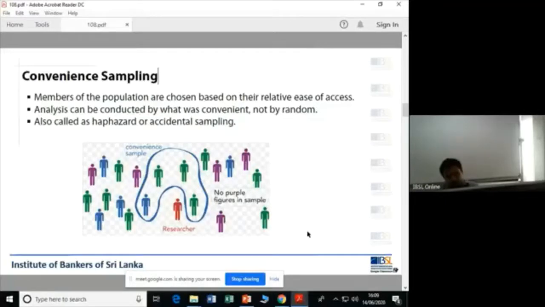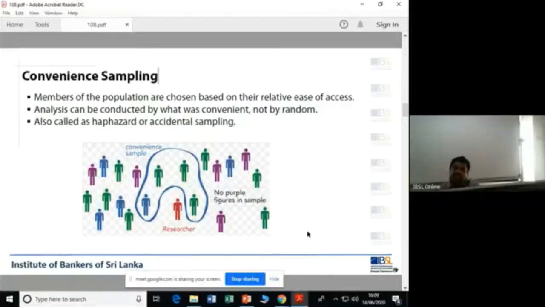Instead, if you select one or two hotspots or concentrated places where the workers of the tea plantations gather, and if you just go there, you would be able to use some of your data collection techniques and talk to these people and gather the set of data that you want. So you will only focus on one or a couple of locations, which is in the convenience of your choice.